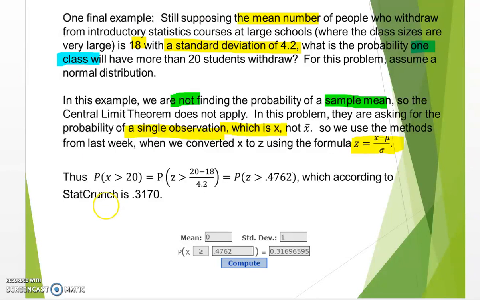Therefore, the general mathematical expression is the probability of x greater than 20 for one individual class equals the probability of z greater than x minus mu, 18, divided by 4.2, which equals the probability of z greater than 0.4762, by using the calculator to compute 20 minus 18 divided by 4.2. So let's apply this to StatCrunch.